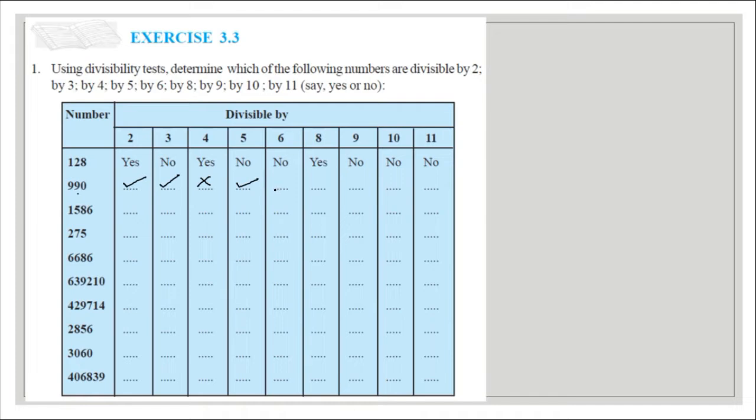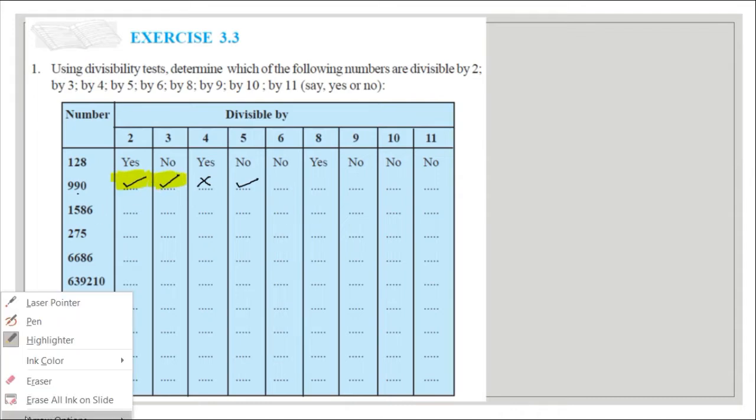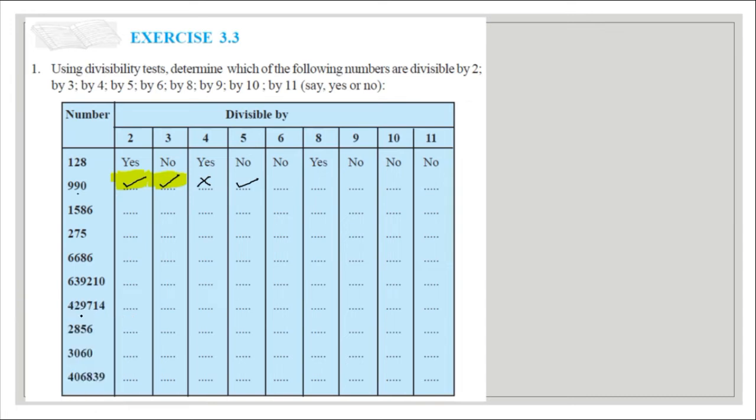Is 990 divisible by 6? Look at the first two columns here. Let me highlight it. 990 is divisible by 2 as well as by 3. So it is divisible by both 2 and 3, their product also.